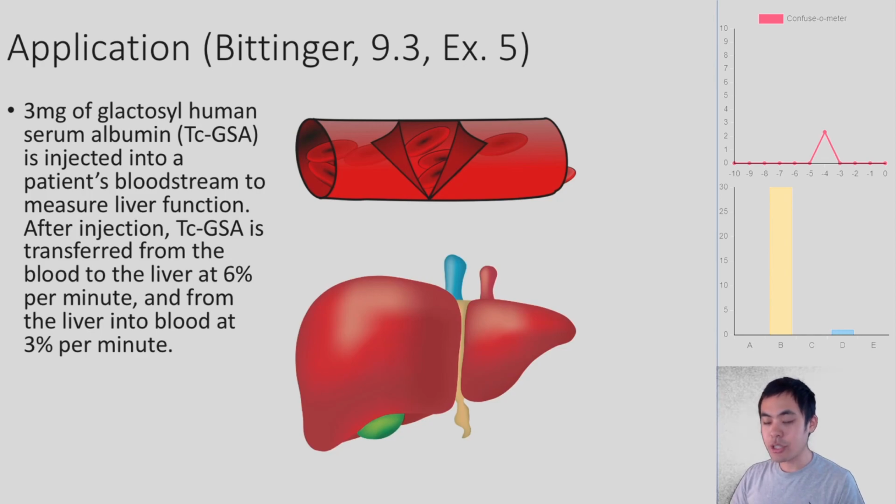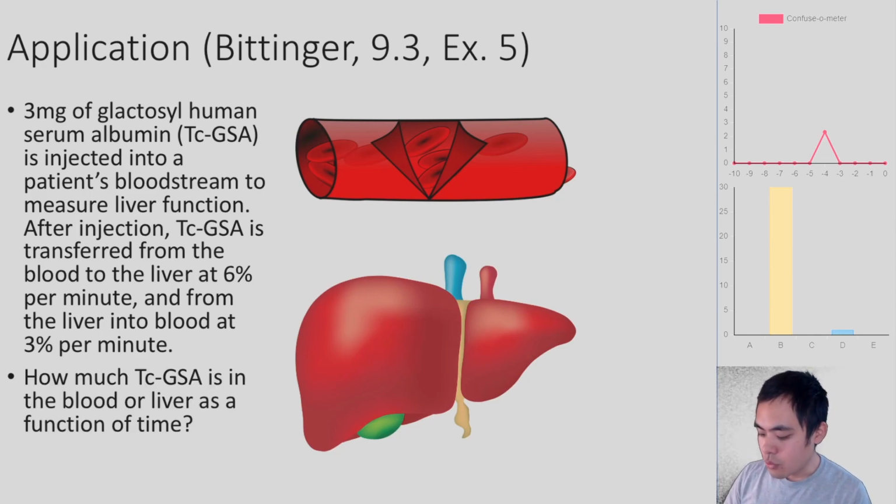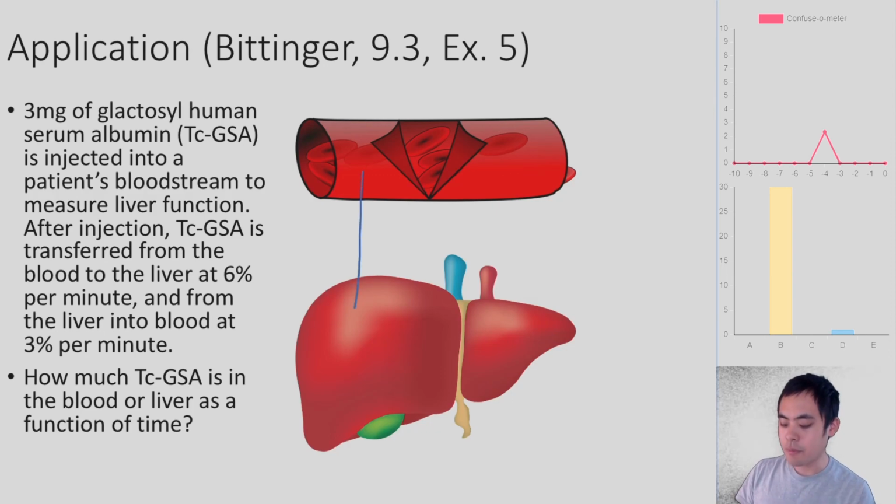In this particular model, we're assuming that the material goes from the bloodstream to the liver at a rate of 6%, and from the liver to the bloodstream at a rate of 3%, and our initial amount was 3 milligrams in the blood and 0 milligrams in the liver.